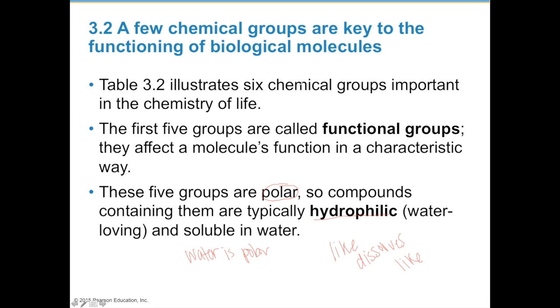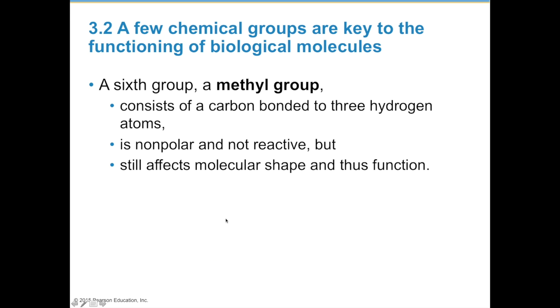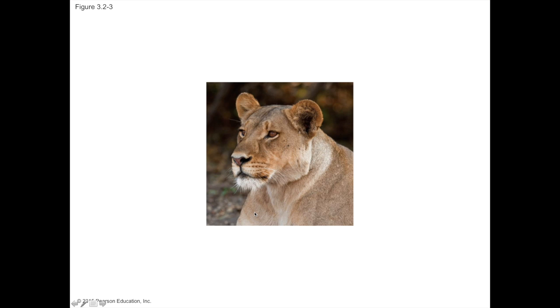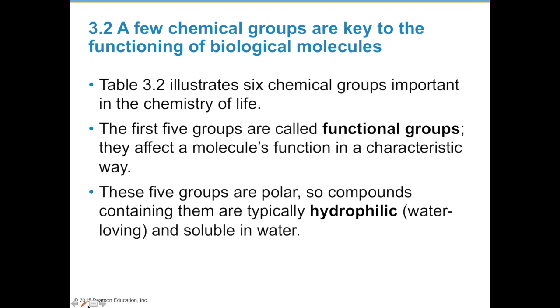If something is hydrophilic, I'm going to just use this space here at the bottom. Let me write the word here because that makes more sense. There's also hydrophobic. These are going to be water-fearing, meaning anything that's hydrophobic is going to be typically nonpolar.